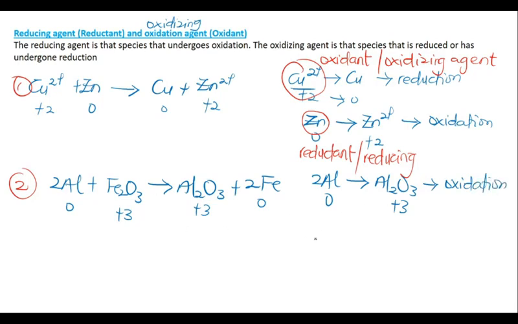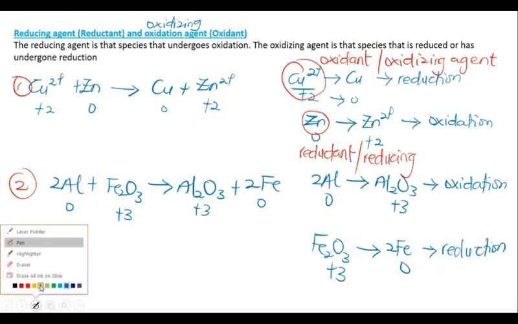And then we have Fe2O3 giving us 2 moles of iron. This over here is plus 3, and then the iron over here is 0. So we have a decrease in the oxidation state of iron in this case. So this reaction is reduction.